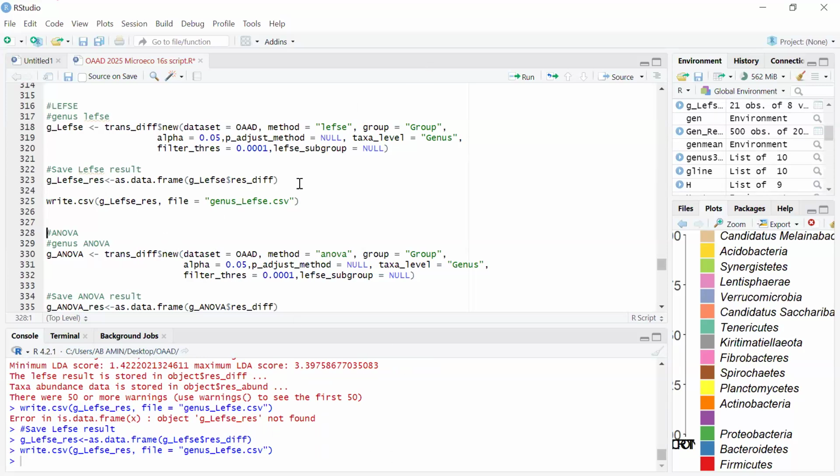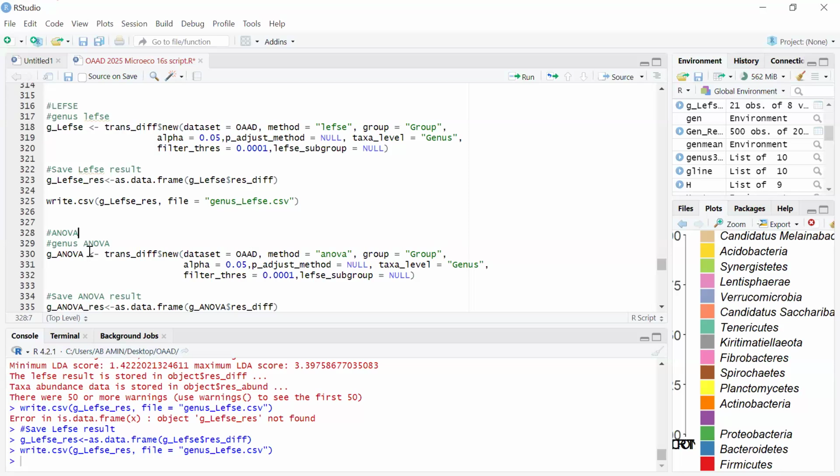Even if I check now, I will need to reshare the screen. So let me share the file, then we can check. This is the result for genus LEfSe.